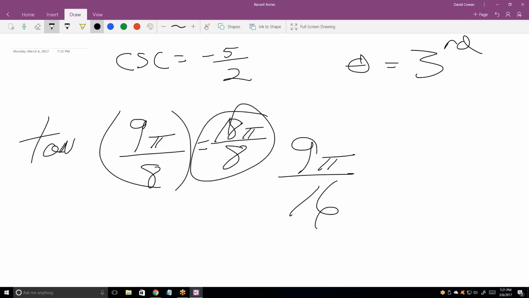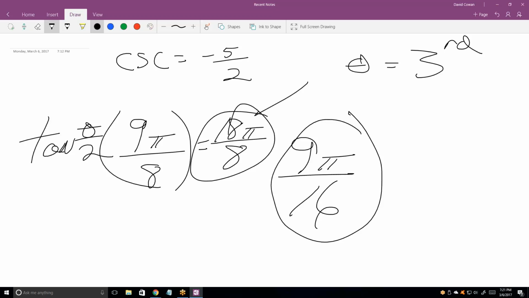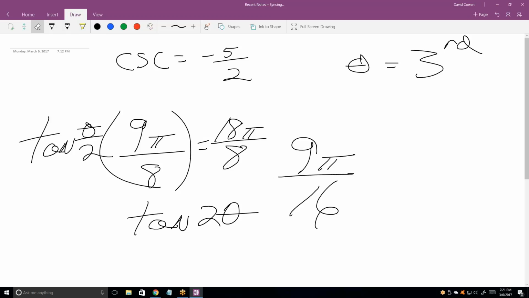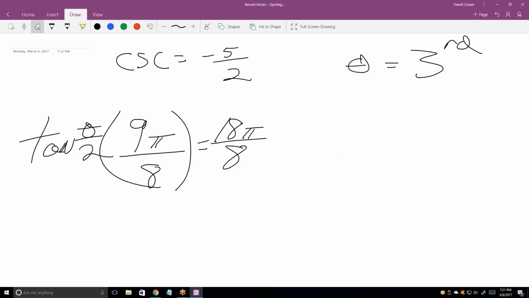In other words, if doubling it produces the common angle, then I've got to do sine of theta over 2. I got to do the opposite. If halving it produces the common angle, then I got to do tangent of 2 theta. But the first thing you do is halve it and double it to see if either of those makes one of your unit circle angles, and if it does, then you can use the half or double angle to figure it out.